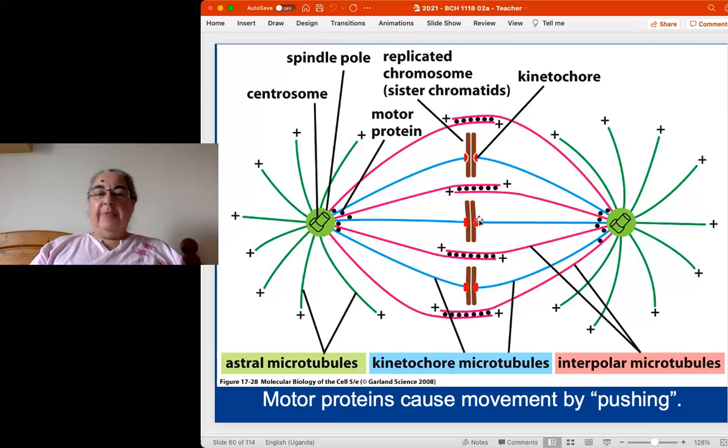The spindle fibers themselves are able to pull the chromosomes because here at the minus end, at this stage, there will be tubulin leaving, and there's an attachment to the kinetochore at this end, so less tubulin will be being added to this end. So the tube will be getting shorter and shorter, and that pulls each of the sister chromatids towards one of the poles. Okay, so there's a pushing movement, lengthening the cell, and a pulling movement, moving the chromosomes.